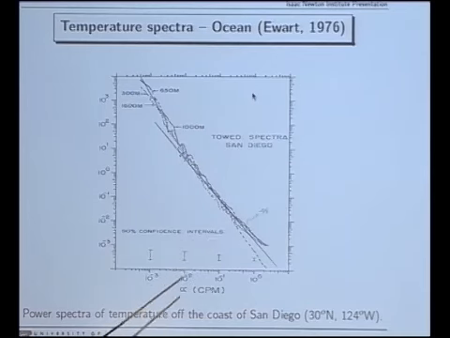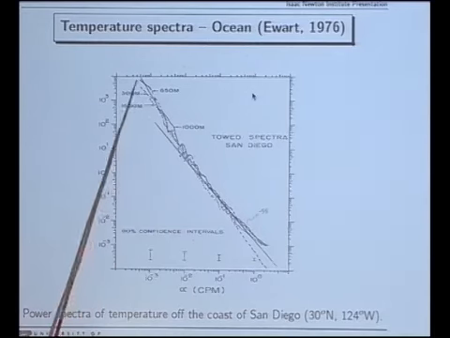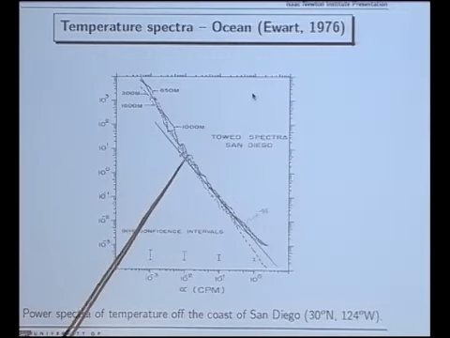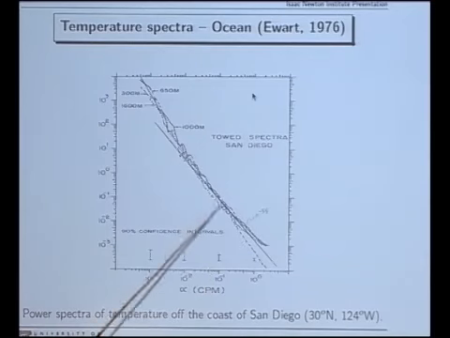Now I started looking around more, and there's some very good data taken by Terry Ewart a while back in '76, and he had a vehicle called SPURV. It was a self-propelled underwater vehicle that had some good instrumentation on it, and he measured temperature. And he was looking for this part of the spectra, actually. This is the Garrett and Munk part of what's thought to be the internal wave spectra.